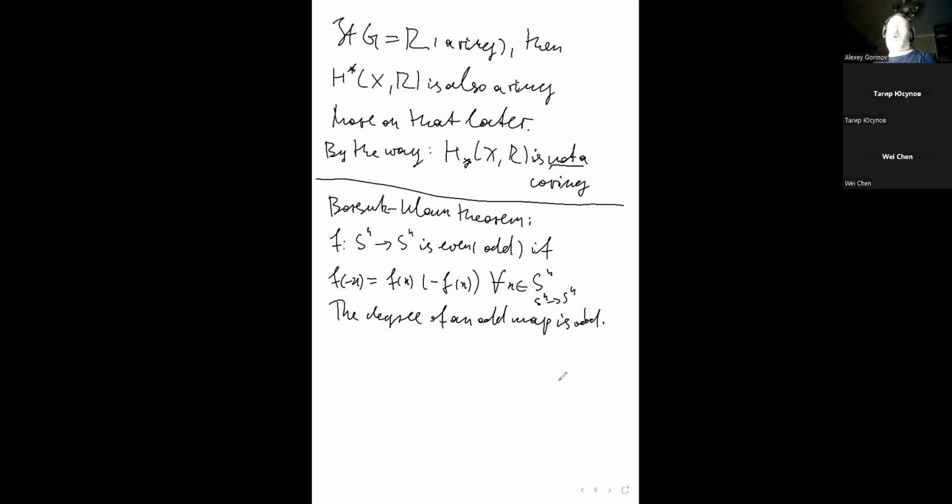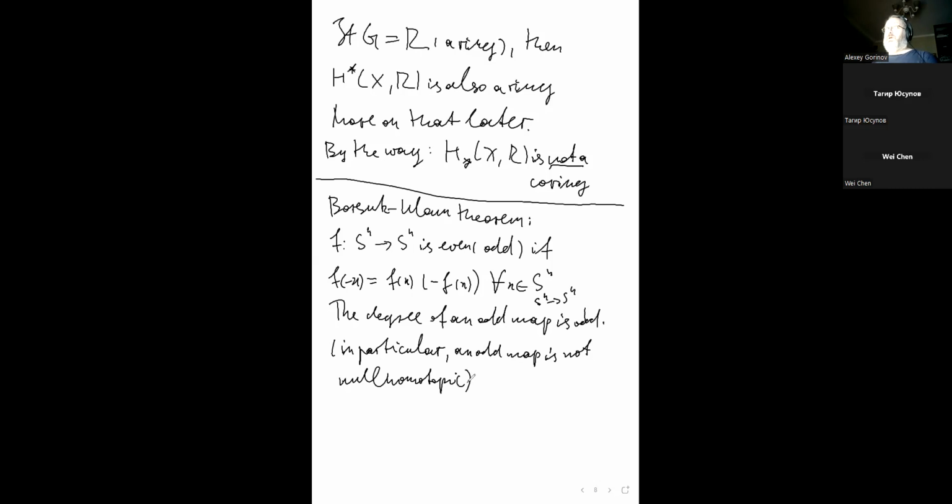Yeah, it makes sense. And in particular, an odd map is not homotopic to a constant map.